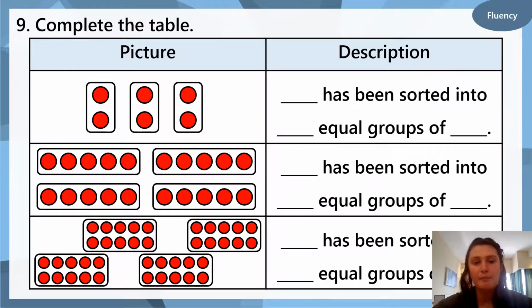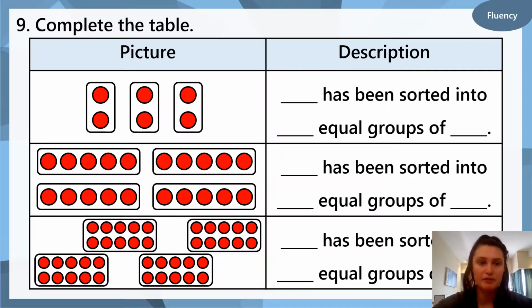So we have a picture on one side and a description on the other. In the picture, we have the total number of counters and we have them put in groups. In the description, you can talk about how many counters in total, how many groups, and how many in each group. That's the order.